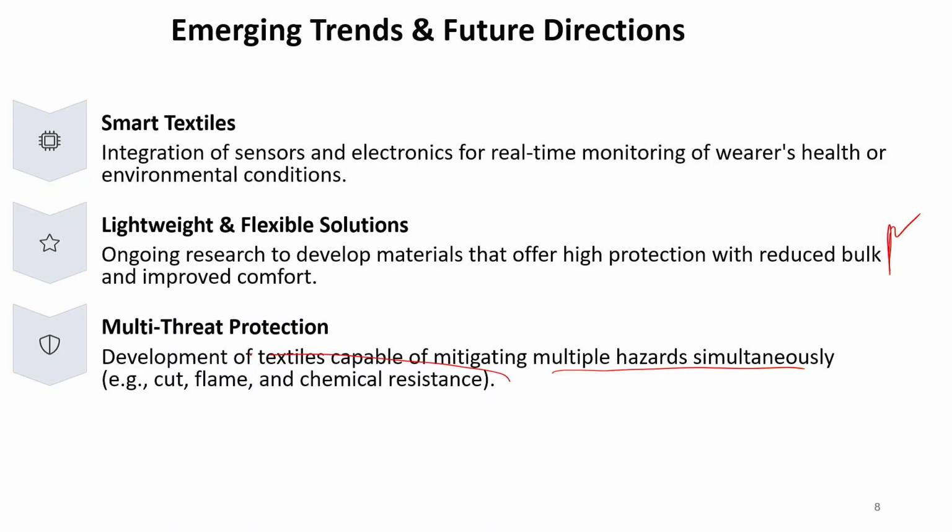This type of threat can happen in any industrial environment, like flame, cut, mechanical and chemical resistance, even protection from gases, toxic gases, and from noise. So, different types of multiple threats are there, and in that direction we should work to develop our protective textiles.